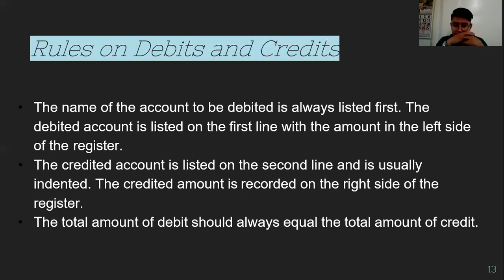And after that, the total amount of debit should always equal the total amount of credit. So tandaan po na magkaparehas po ang amount ng debit and credit. Dapat same amount si debit kay credit.